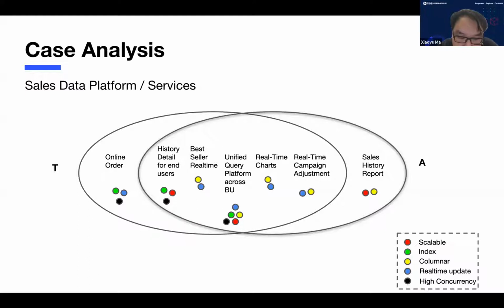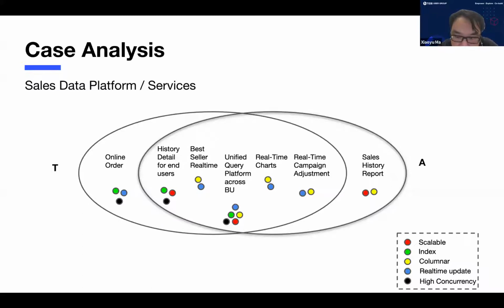You want to show your users real-time charts for the best-selling items, and it needs to be refreshed at a one-minute interval. So for this specific service, you need a column store to have very good performance for reporting query execution.